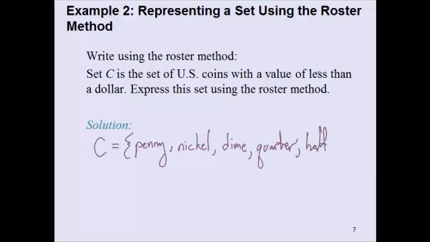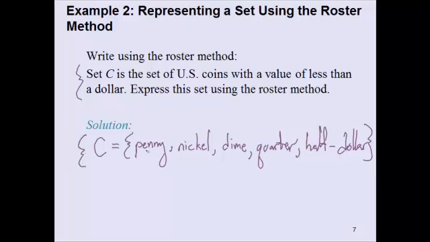Because it does say less than $1, and the half dollar is an actual coin, but we can't include the Susan B. Anthony because it is actually exactly $1. So we have 5 elements here of coins with value of less than $1. So this is the word description right here, and then this is the roster method of that same set.